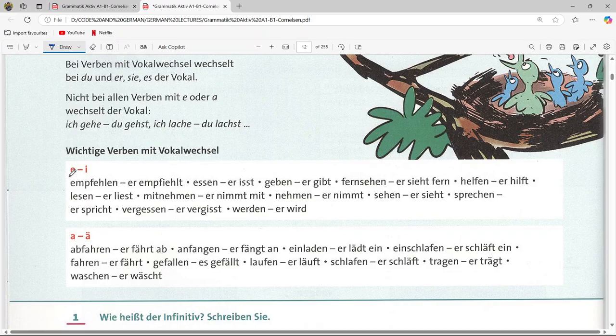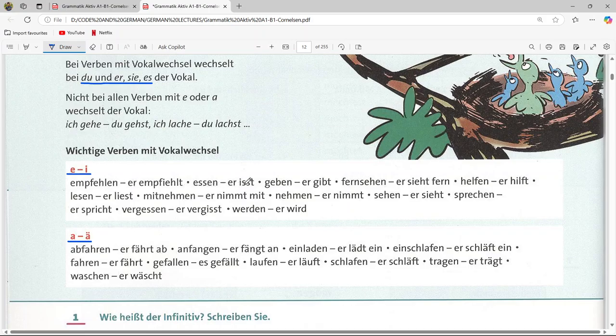So here for these cases, du, er, sie, es, the vowel e changes to i, and again a changes to ä. Okay, so this verb is empfehlen. Empfehlen means to recommend, and for er case it is empfiehlt.